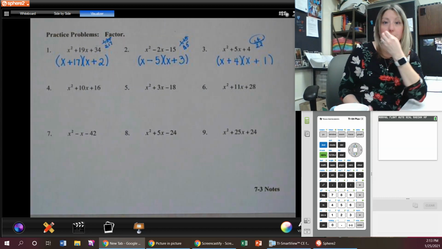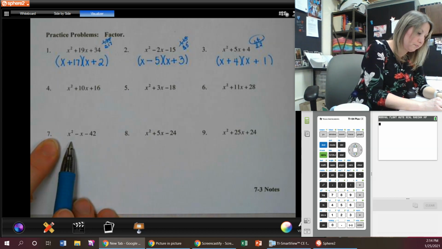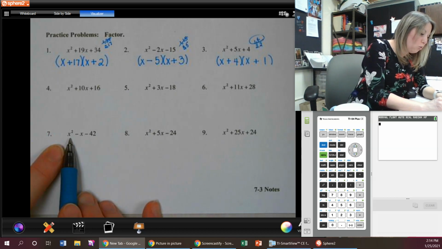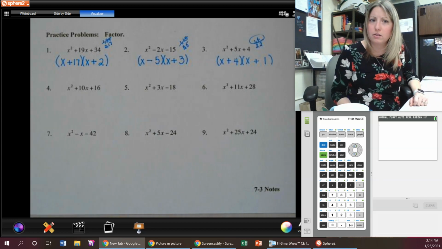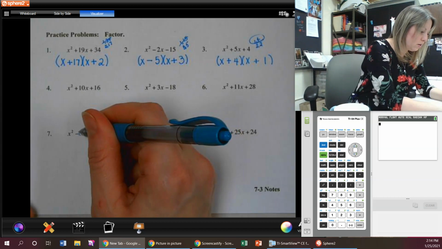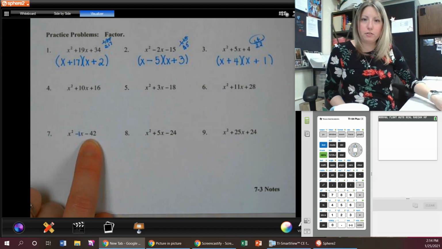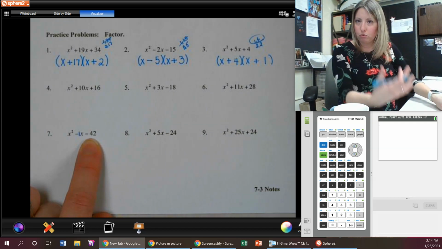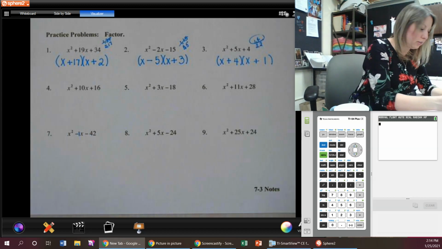Let's try another one. Let's try number 7 together. Okay. What's this number in front of x if there's only a minus in front of x? It's really a -1, right? And because 42 out here is negative, I'm subtracting to get that -1. Okay, you might recall this from the X puzzle in the front, right?